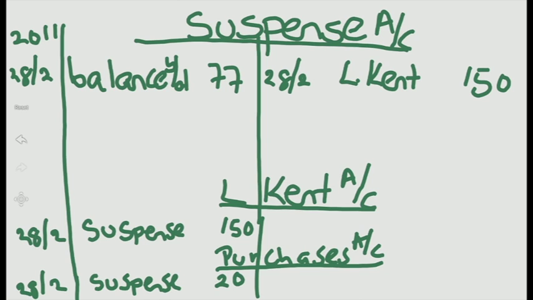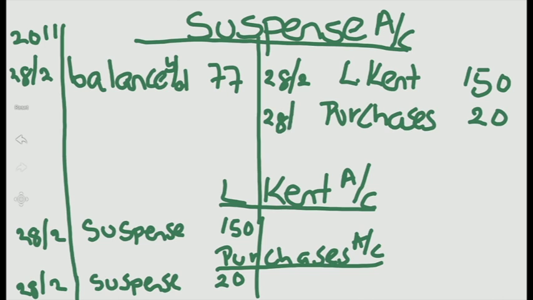Therefore, we go to the suspense account and write purchases account. For every debit entry, there must be a corresponding credit entry of 20 emalangeni. Still the date of the error discovered was 28. Then we move on to the last one. Still, we are increasing the credit side. Okay, let's look into the last one.